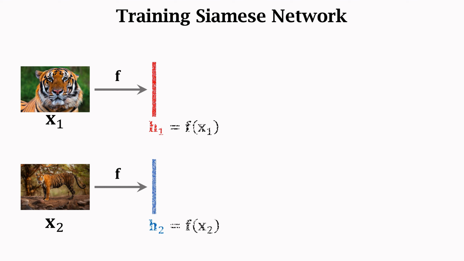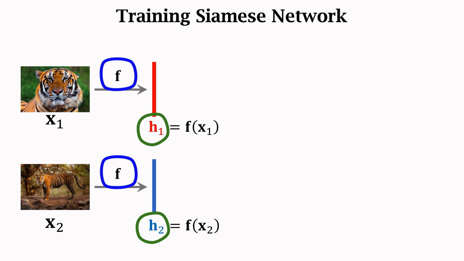The neural network outputs 2 feature vectors extracted from the 2 input images. The feature vectors of the 2 images are denoted by h sub 1 and h sub 2. I want to emphasize that there is only one convolutional neural network for feature extraction. The 2 f functions are the same neural network we built.